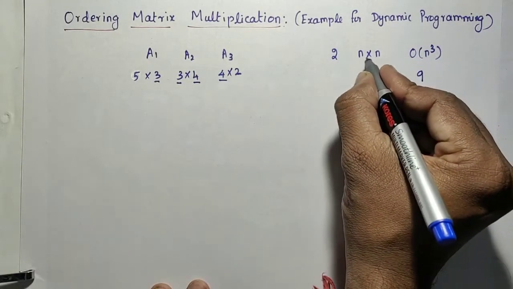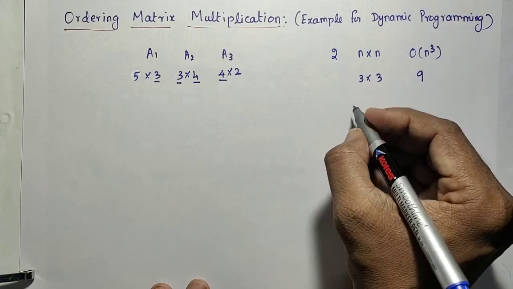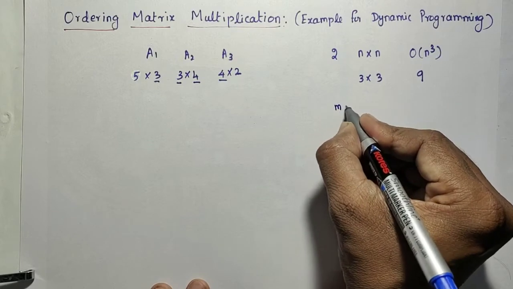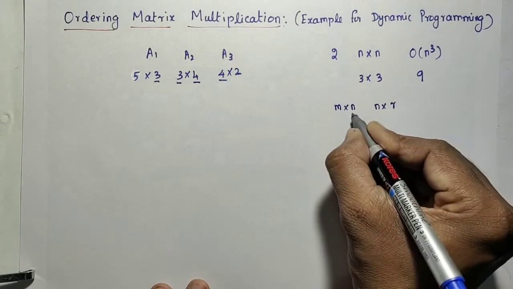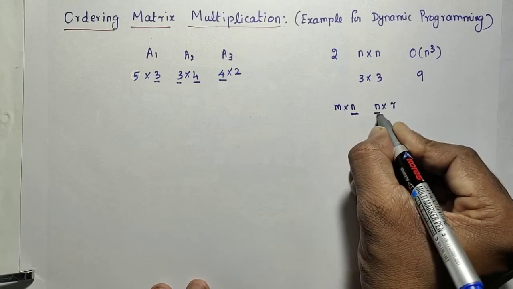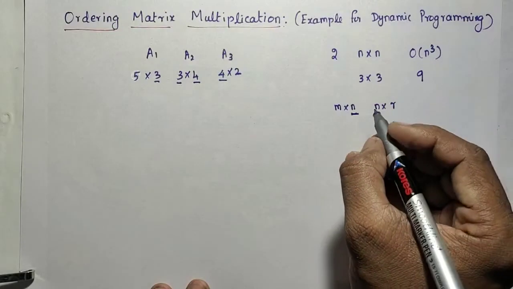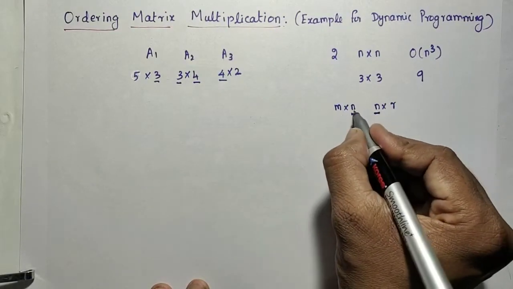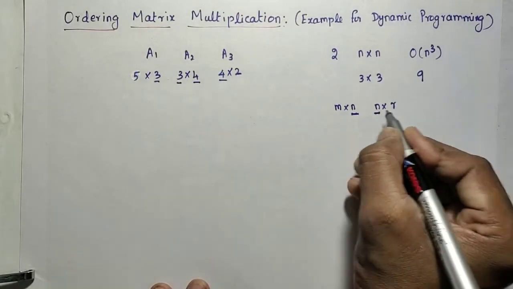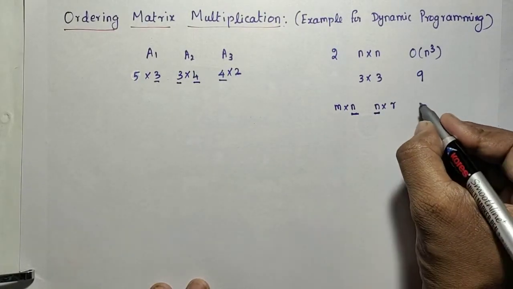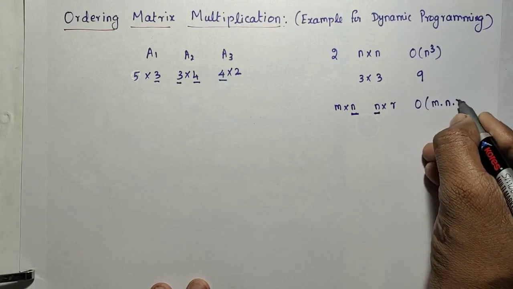If the matrix is not a square matrix, suppose I want to multiply an m by n matrix and an n by r matrix. The inner dimension should be the same, correct? Then only can we apply the multiplication. So if you want to multiply two matrices of different dimensions, then the complexity will be O of m into n into r.